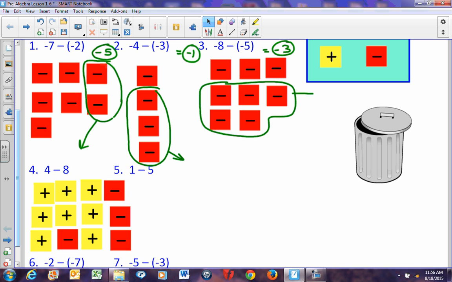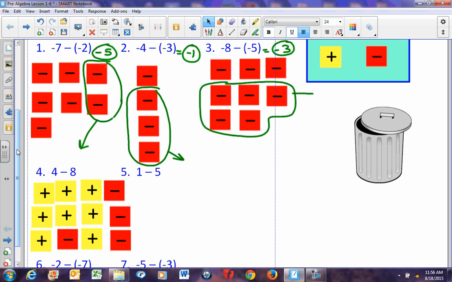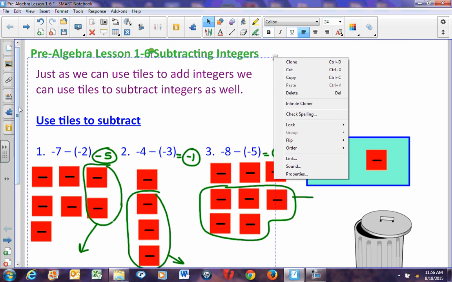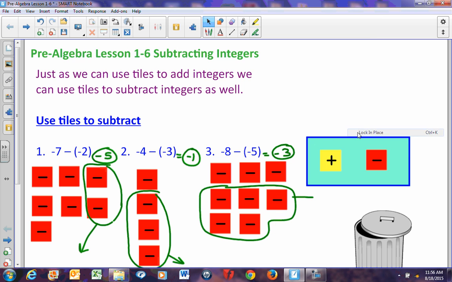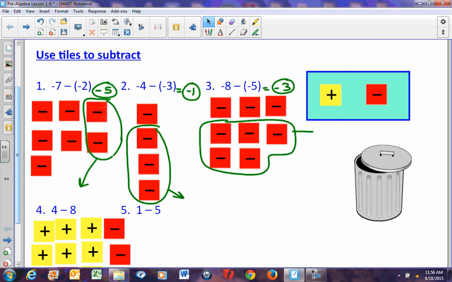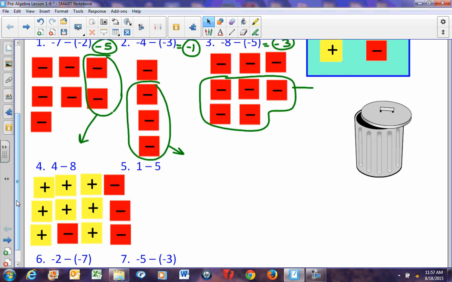Whoops, didn't lock that in place, that's for sure. Let's lock this in place really fast. There we go. I can pull these back. Alright, so now if you look at this, can I take away 8 positive tiles now?